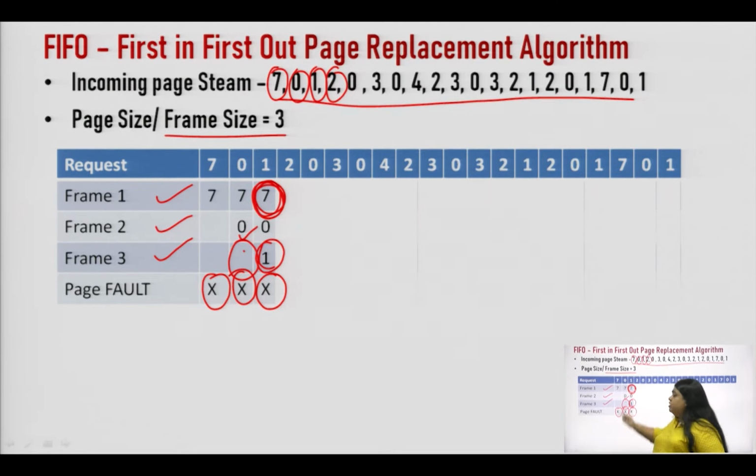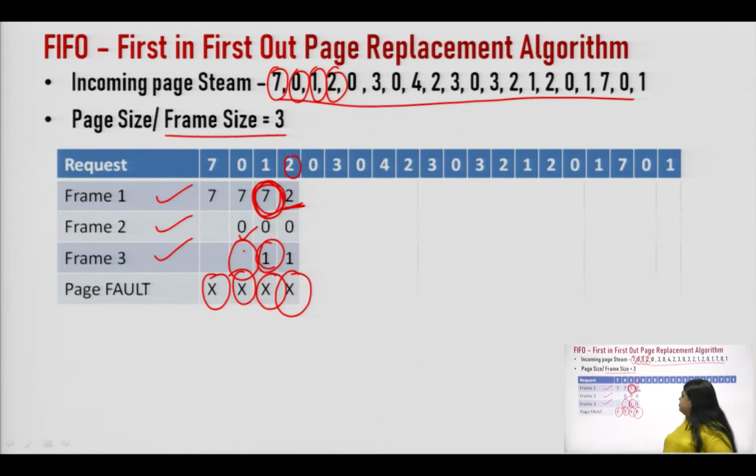So, we have to remove 7 first. So, for bringing page number 2, we are going to replace 7. So, you can see over here this 7 is replaced with page number 2, rest of the pages are intact. So, over here also there is a page fault.